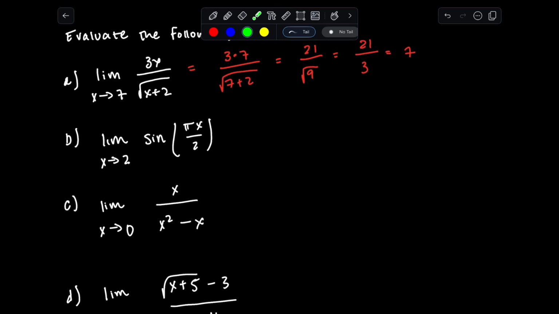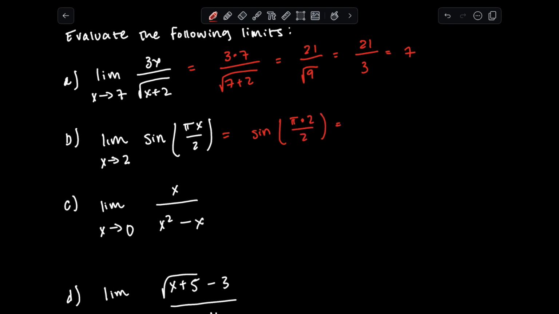Now, let's try part B. The only difference is we'll start introducing a trigonometric function into this limit evaluation. In this expression, we're trying to find the limit of sine of pi x over 2 as x approaches 2. Just like the last exercise, we can plug in, and so we'll have sine of pi times 2, divided by 2.